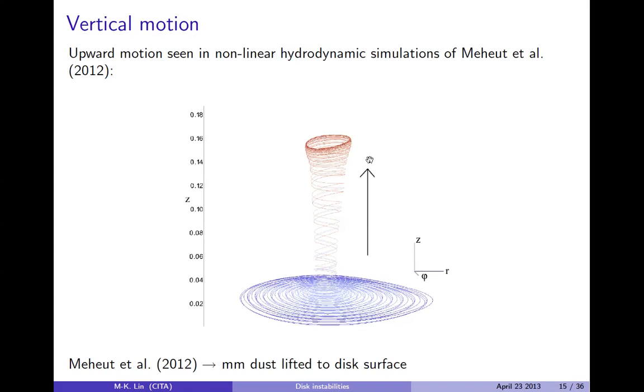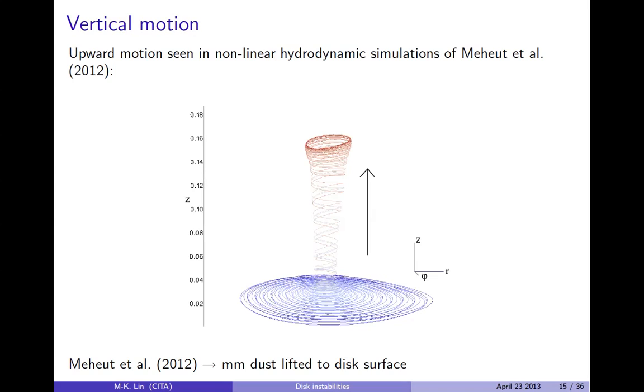So the flow is upwards at the anticyclonic vortex. And what she also found, interestingly, was that if she added dust to this vortex, and the dust is small enough, then it can be lifted by this vertical flow to the disk surface. That could have very interesting observational consequences.